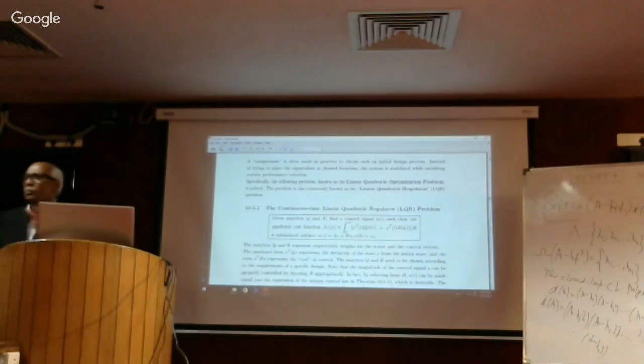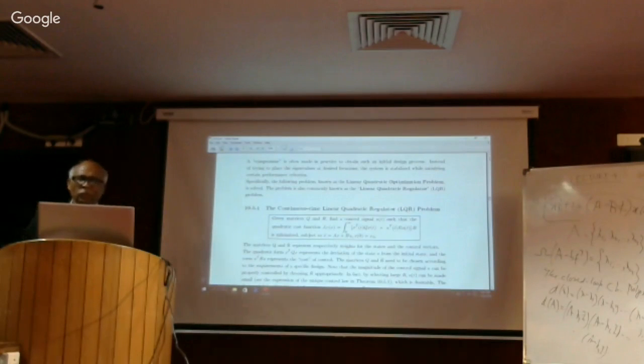So here we decide how much deviation is allowed. Similarly for R. In general, for the problem to be solvable, we frequently assume that Q is symmetric positive semi-definite and R is symmetric positive definite. Meaning if R is a large matrix, then the control cost will be less. That's why R is chosen to be a symmetric positive definite matrix.